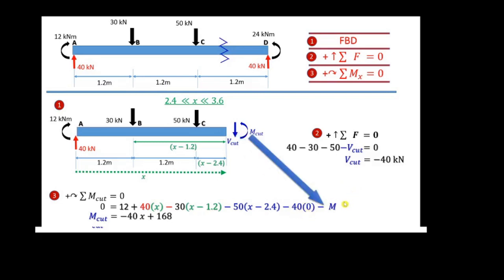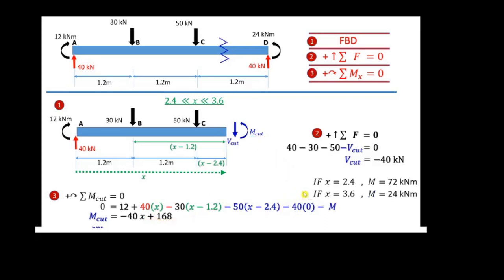The last moment here we got a negative M. Why negative M? Because, as I have explained before, it is against what we have declared as the direction. So it becomes negative. So at the end of the solution here, we got a linear equation again: M cut equal to negative 40x plus 168.